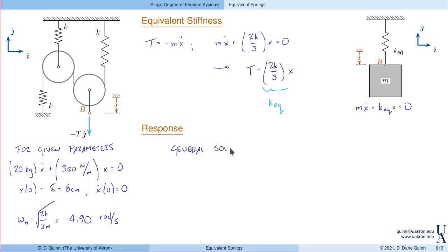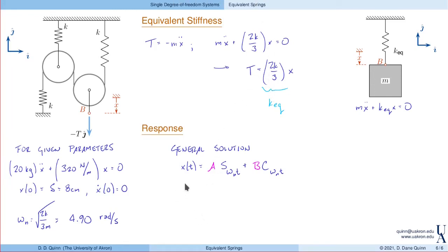We've already developed the general solution for both a damped and an undamped single degree of freedom system. For an undamped system, it looked like A sine omega nt plus B cosine omega nt. And recall that A and B are arbitrary constants used to fit the initial conditions.